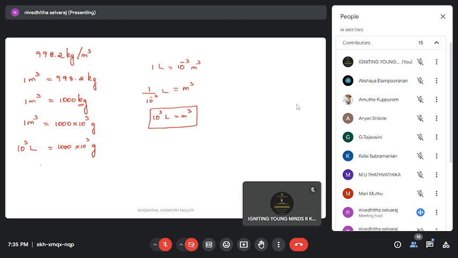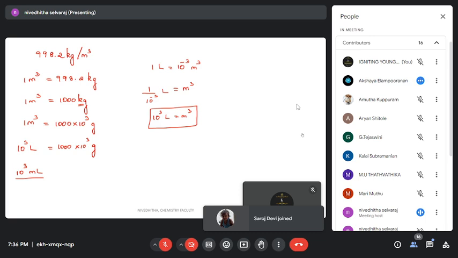Now I'm going to convert this liter into milliliter. How to convert liter into milliliter? I'm just writing this 10 power 3 as such, and I'm going to write the unit to which I have to convert, milliliter, and I'm going to write the quantity of milli in the denominator.